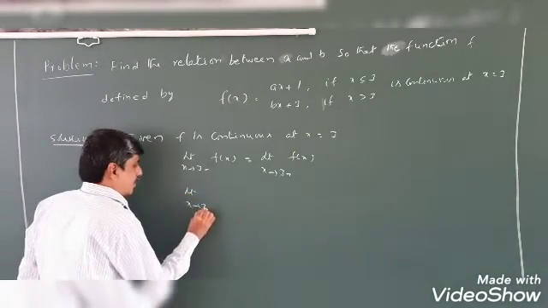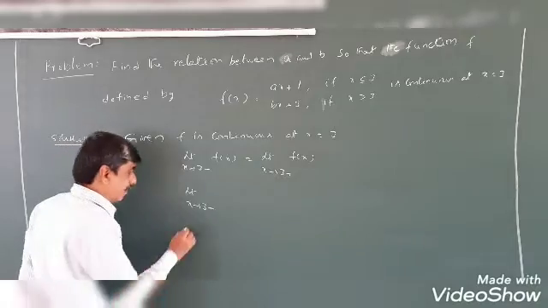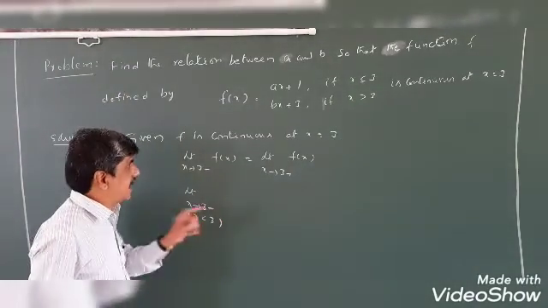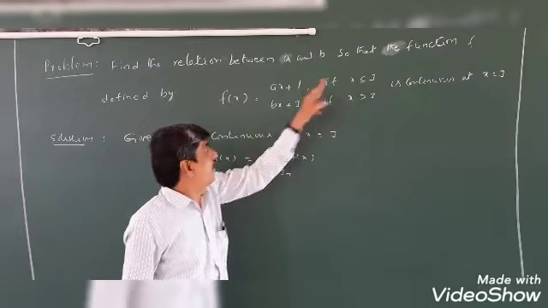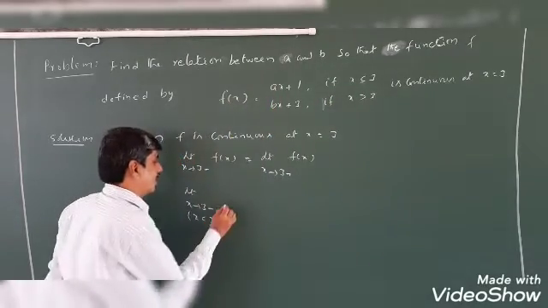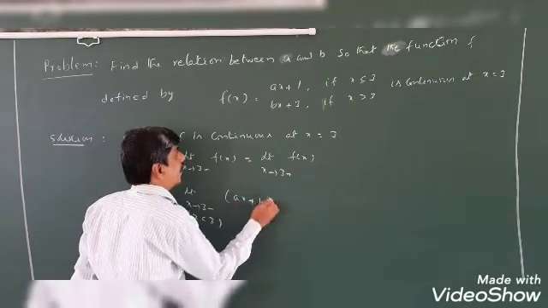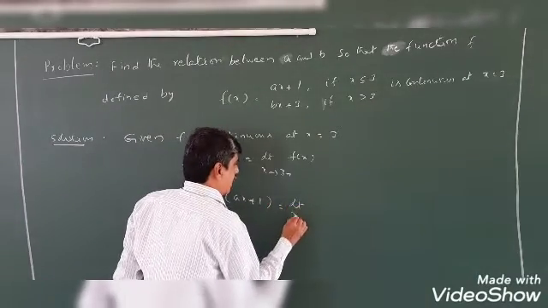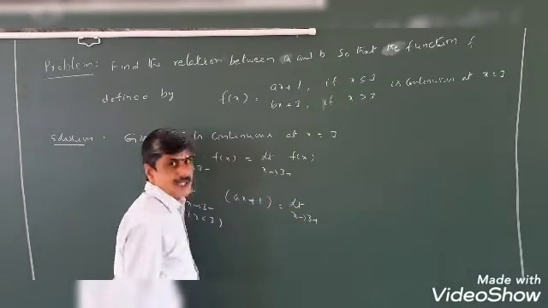Limit x tends to 3 minus means x less than 3. If x is less than 3, the function is defined as f of x is equal to ax plus 1, which is equal to limit x tends to 3 plus.